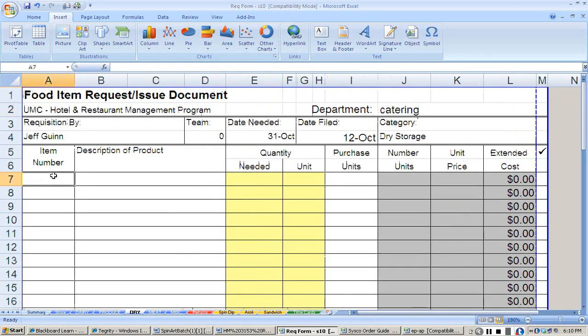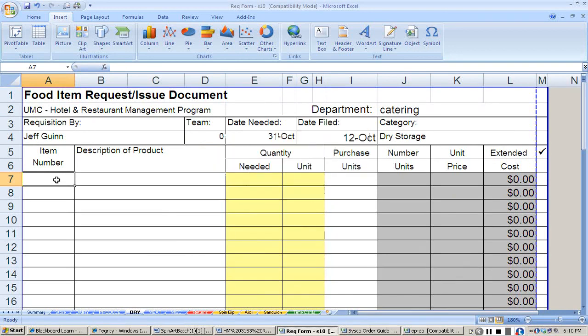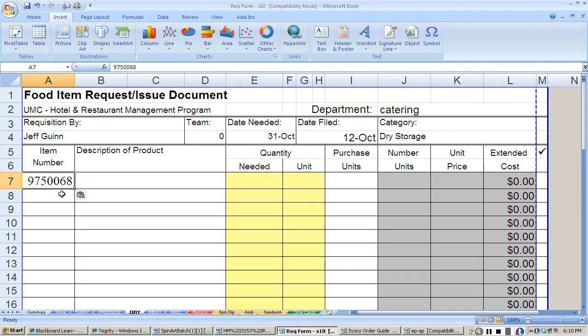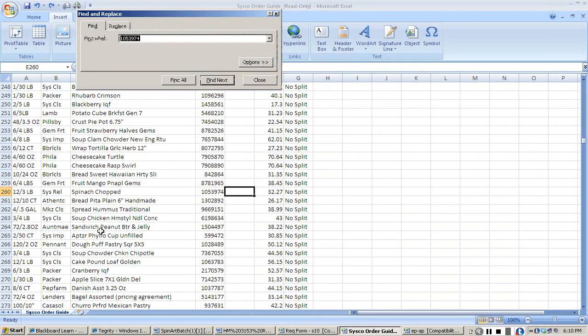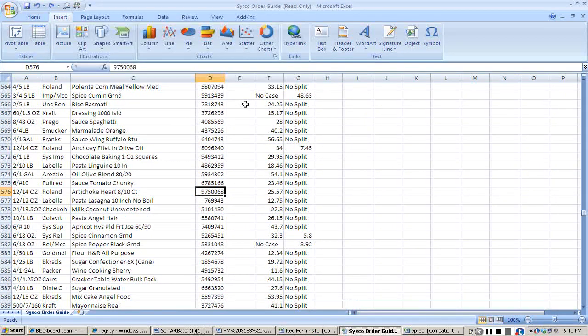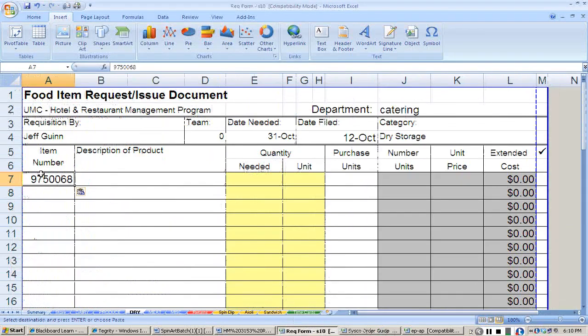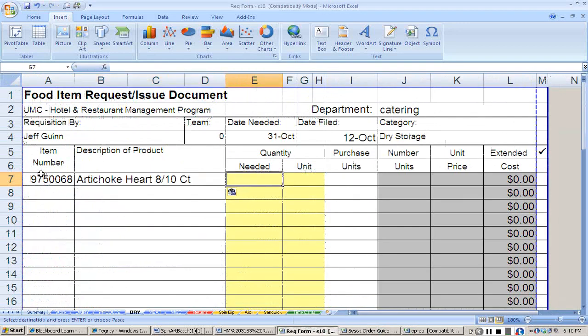Okay. Information form. Copy, paste, description, Control-C, Control-V.